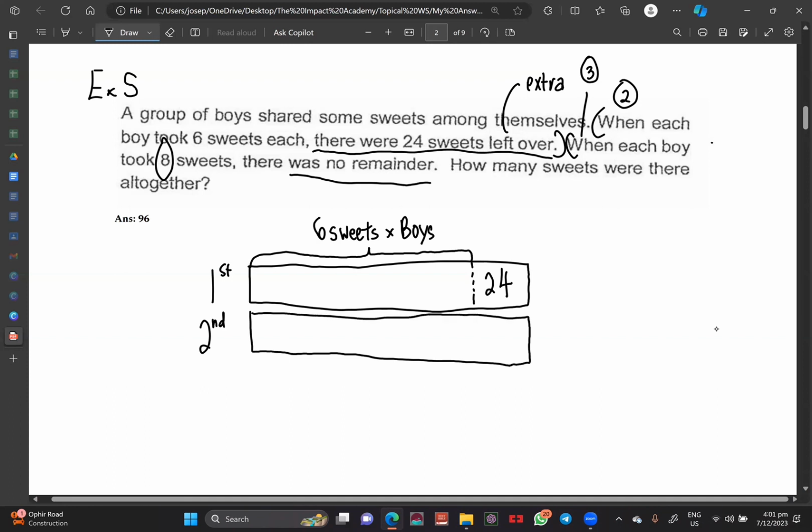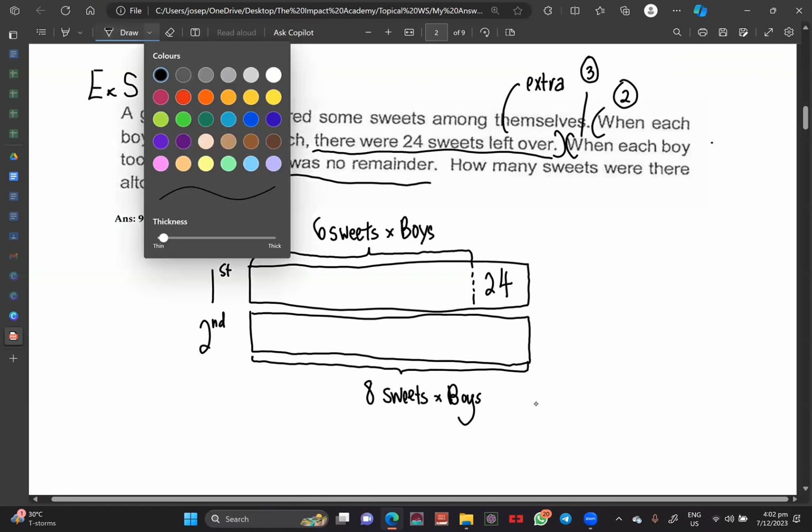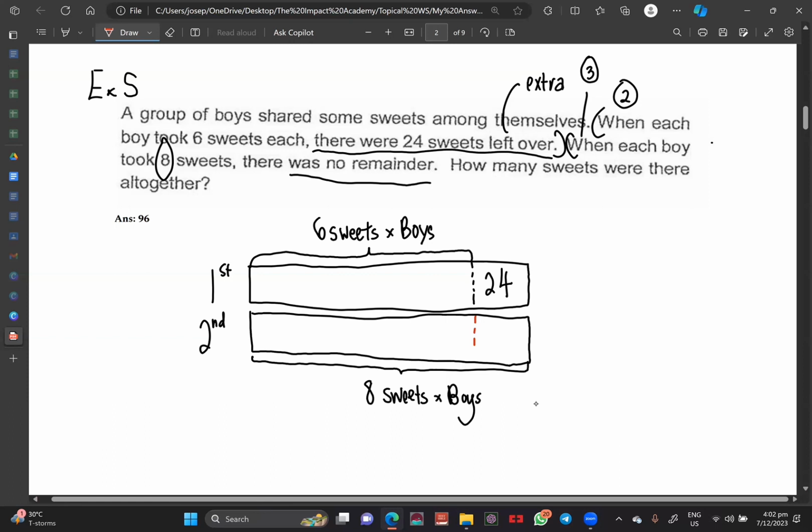Can you all see this model that I've drawn? There wasn't any remainder, so everything over here has to be how many? 8 sweets times how many boys? I don't know how many boys. You agree or disagree? Because I know that this is 8 sweets times boys, I want to mirror. Am I making sense here?